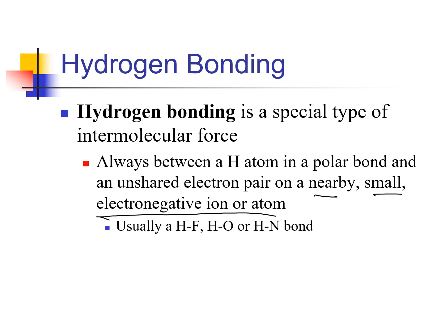Basically, what we need to see is hydrogen-fluorine bonds, hydrogen-oxygen bonds, or hydrogen-nitrogen bonds. It's not the attraction between the hydrogen and the fluorine, it's the attraction between the hydrogen as part of each of those and the electron pair on another molecule, and I'll show that in a picture coming up. So again, it's the attraction of that hydrogen to the electrons on a fluorine, oxygen, or nitrogen on another molecule.